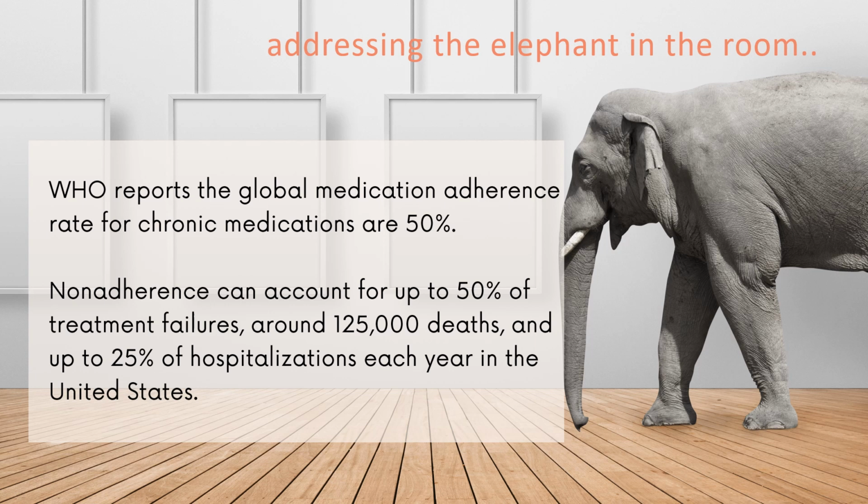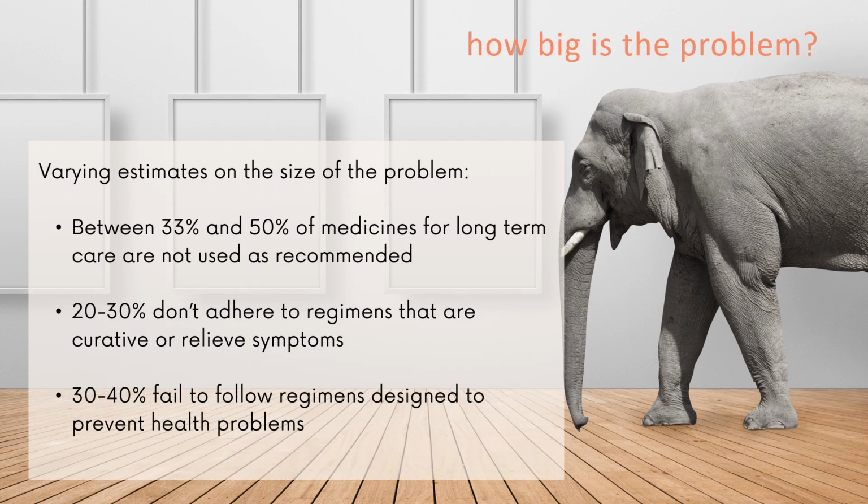It is actually an elephant in the room, because everybody knows that medication adherence is an issue, but it's really hard to address. WHO reports that the global medication adherence rate for chronic medications is only 50%, and non-adherence can account for a large share of treatment failures and a lot of deaths.